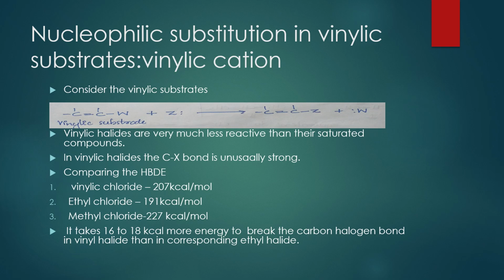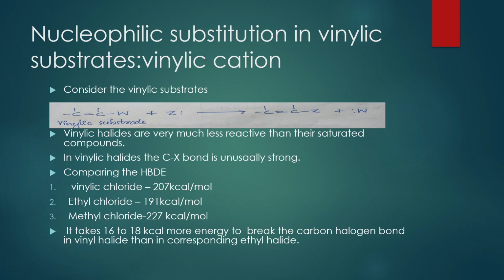For a nucleophilic substitution reaction to occur, the carbon-leaving group bond has to be broken. So it is difficult to break that particular C-X bond in a vinylic substrate as it is very strong.